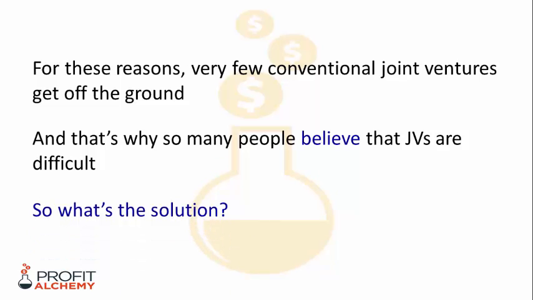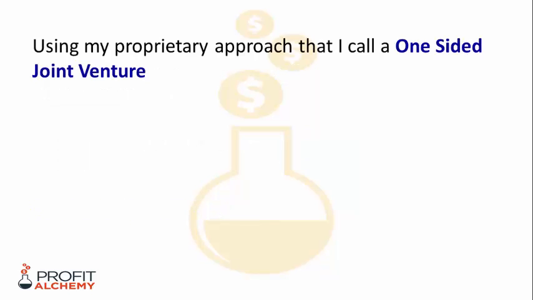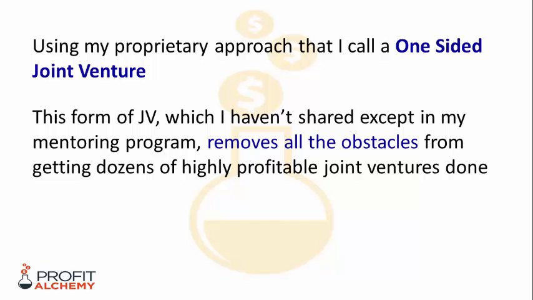So, what's the solution? Using my proprietary approach that I call a one-sided joint venture solves all these problems for you. This form of JV removes all the obstacles from getting dozens of highly profitable joint ventures done.